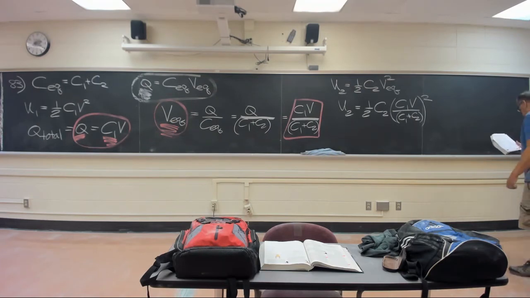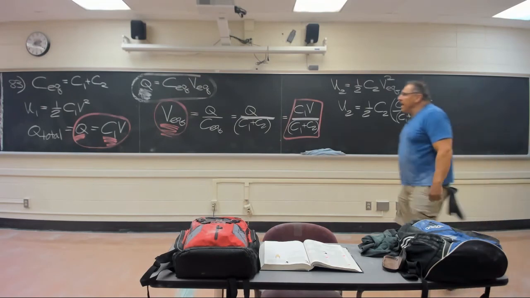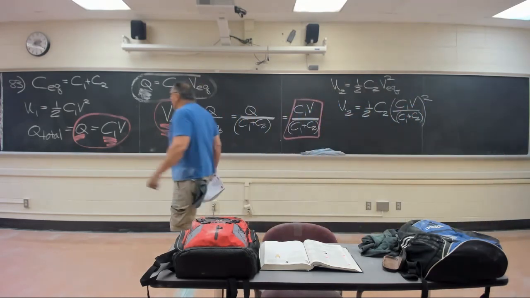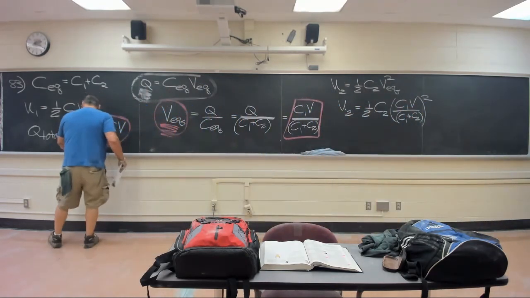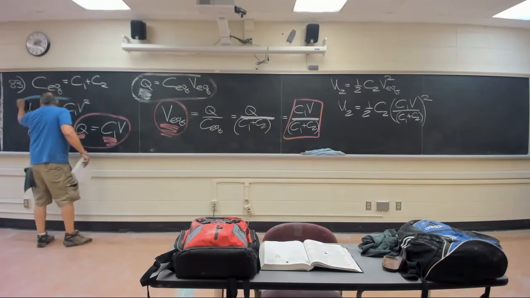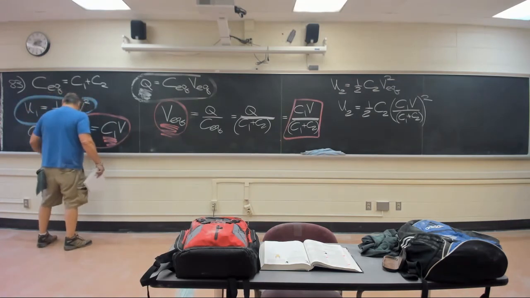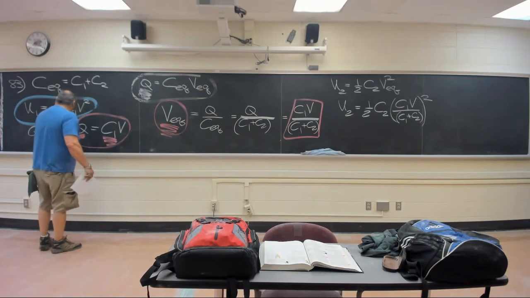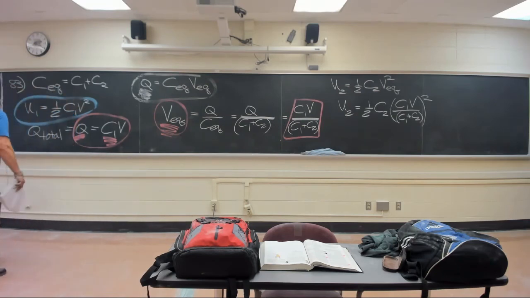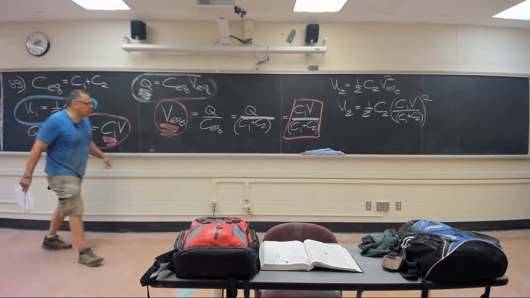Is there a way we can look into this thing and make some sense out of it? Yeah, let's try to talk in terms of the language they want us to speak. U1 is 1/2 C1 V squared, the original V squared.